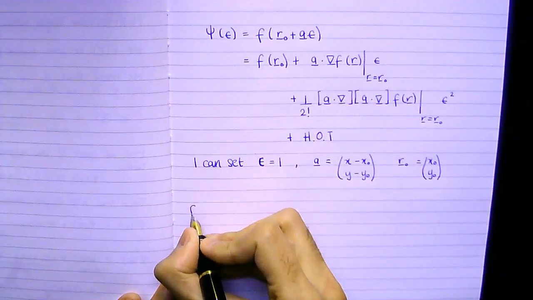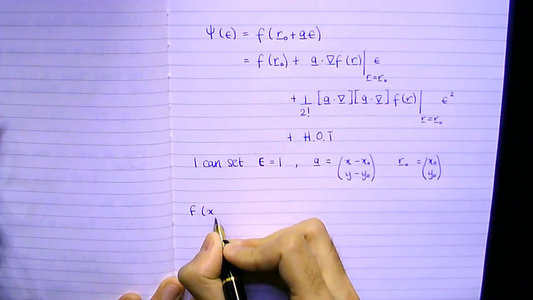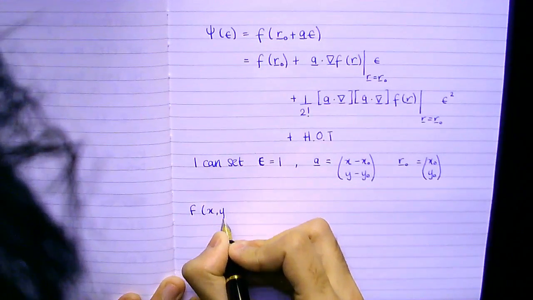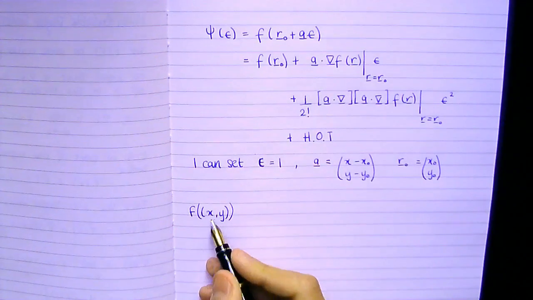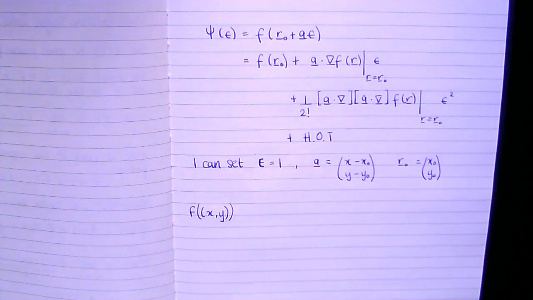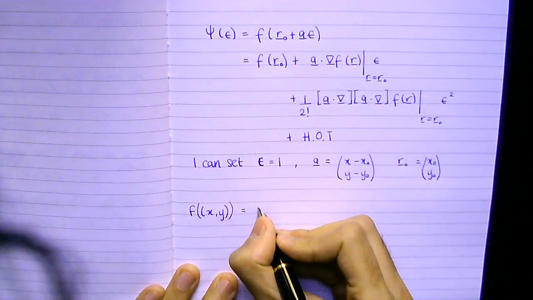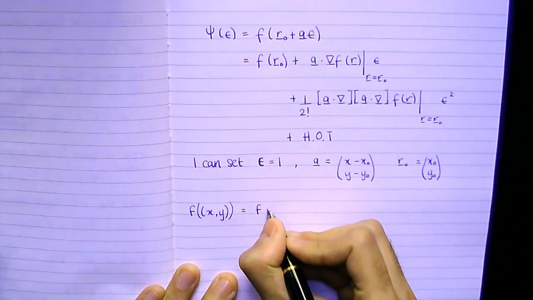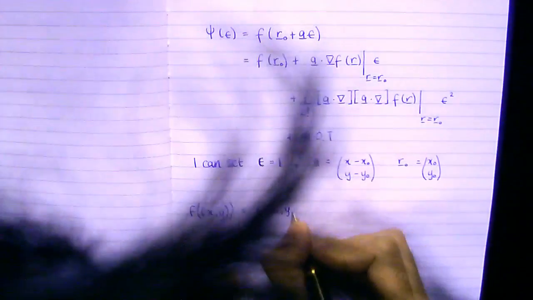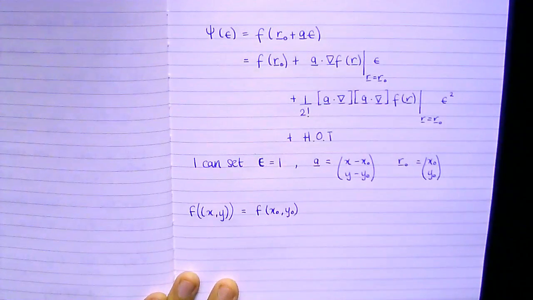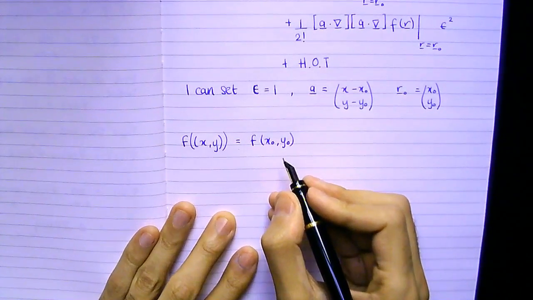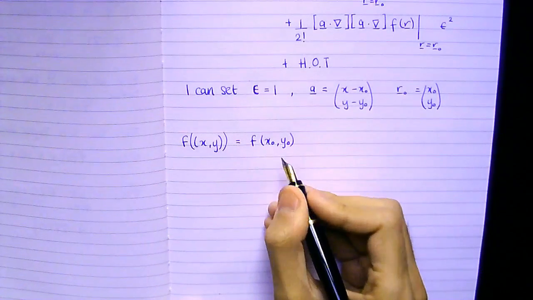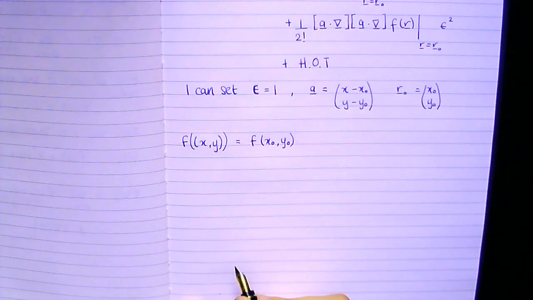So this is f of x, y, just acting at that particular general location. What does this equal? This equals f at a particular point, and I'm free to choose x0 and y0 to be whatever I like. Just like in a 1D Taylor series, you set a particular center point to expand around. It's the two-dimensional equivalent of that.